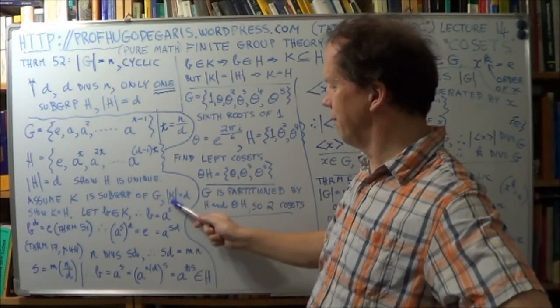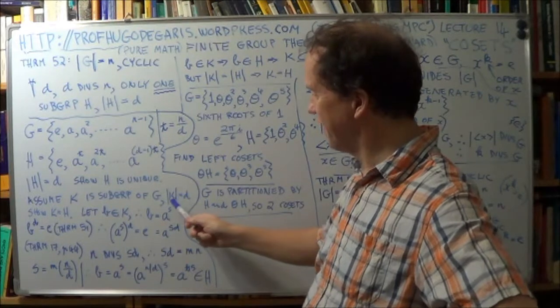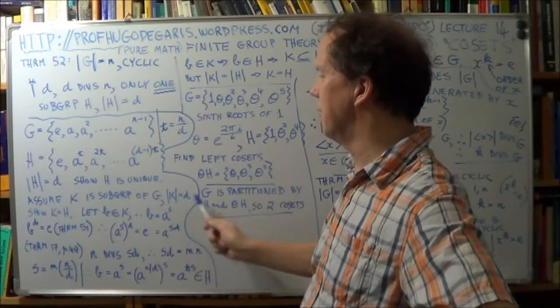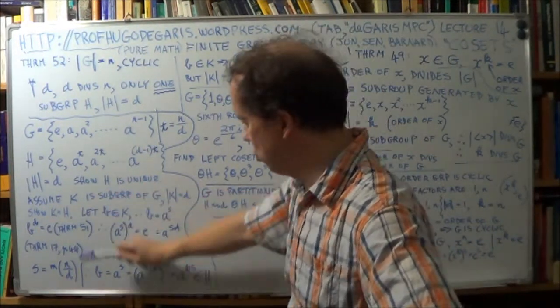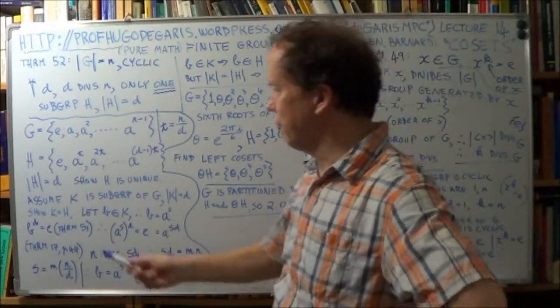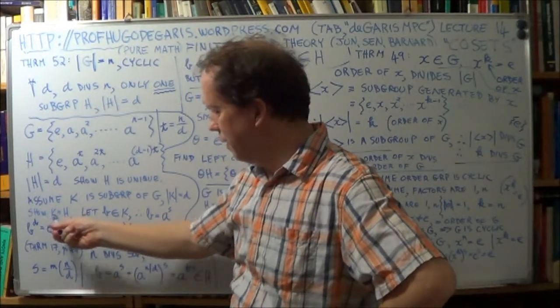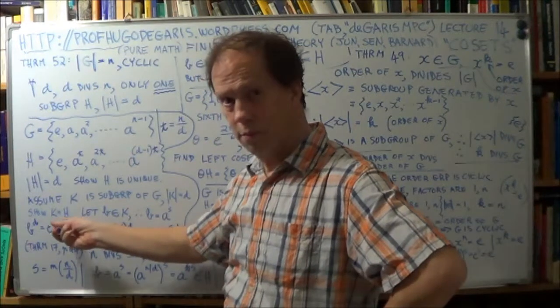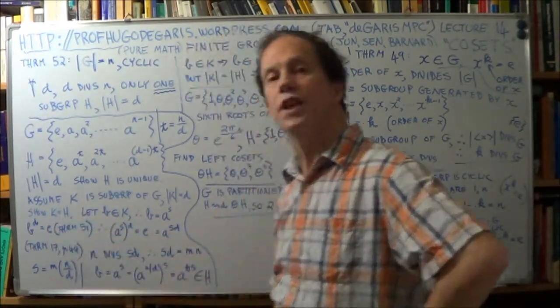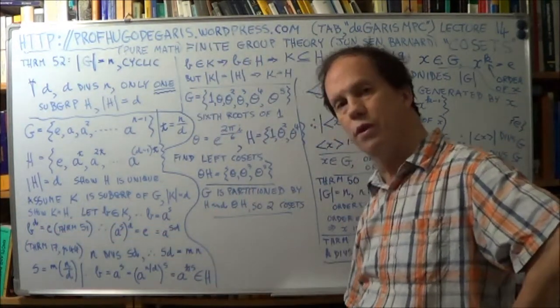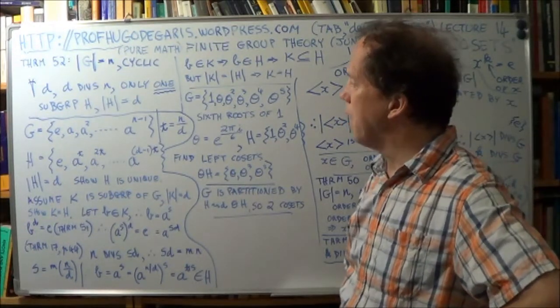So the order of subgroup K is also d, right? And then given that, we will prove that in fact K equals H, and that way we proved uniqueness, right?